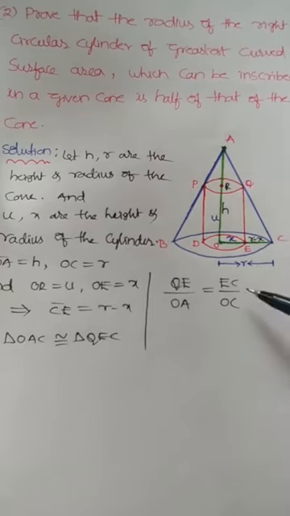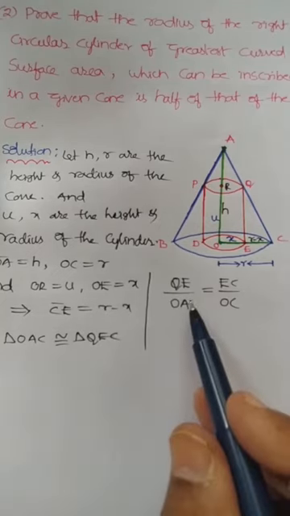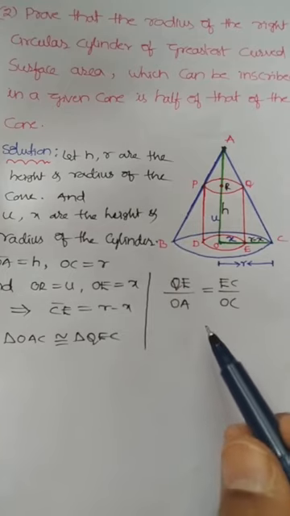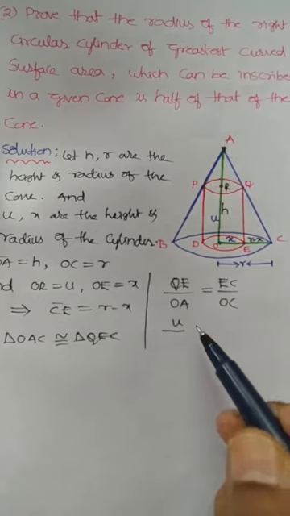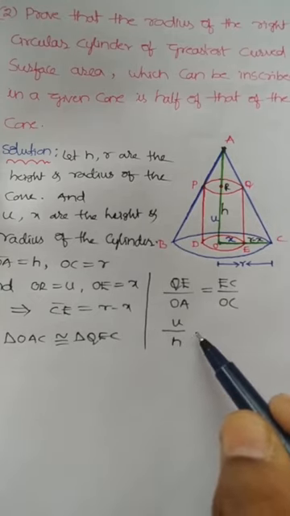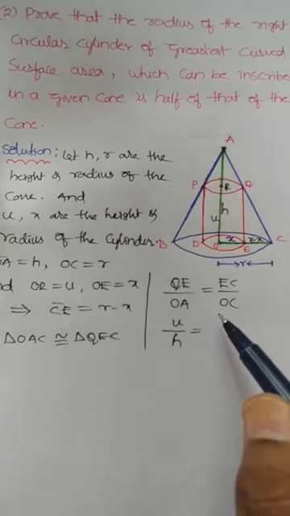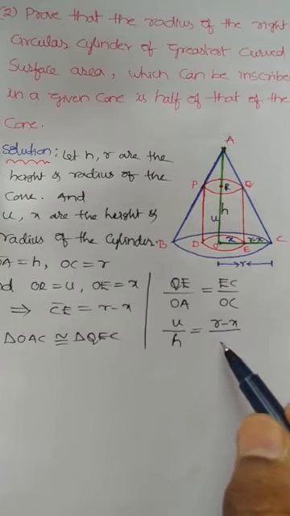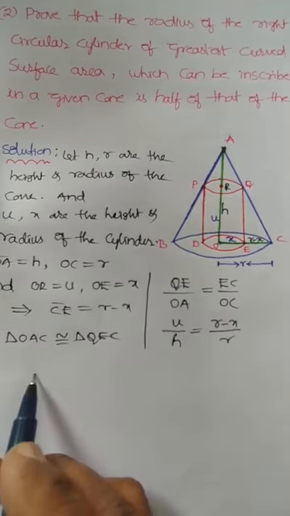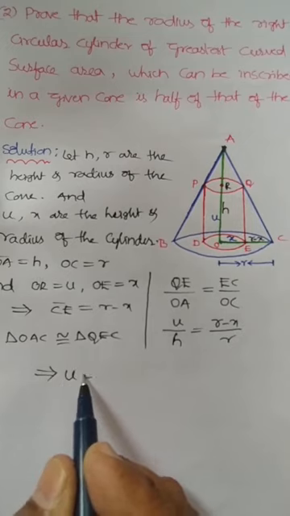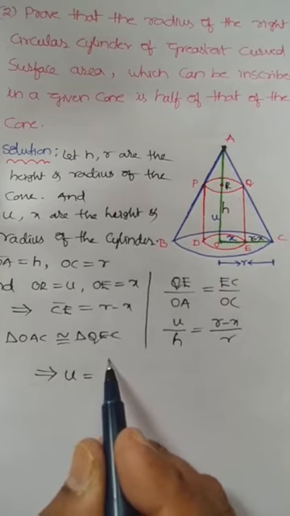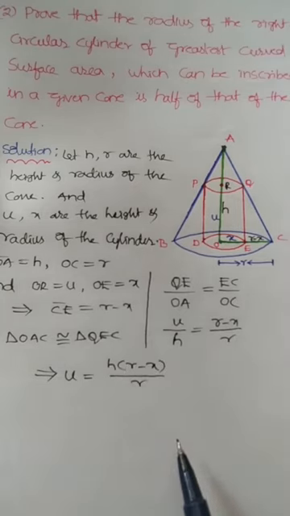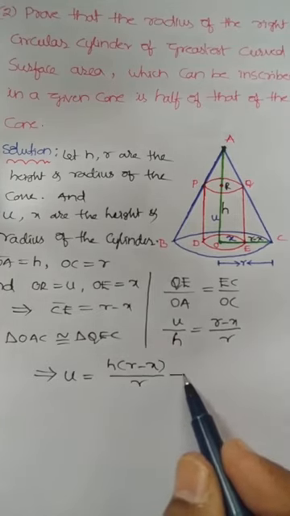We substitute these values in this equation: QE bar is u, OA bar is h, EC bar is r minus x, OC bar is r. From that, I find the u value: u is equal to h into r minus x by r. We will make this equation 1.